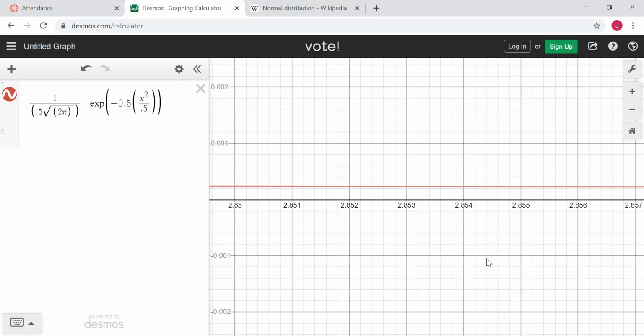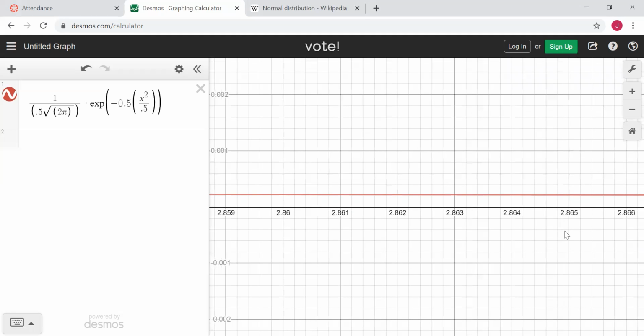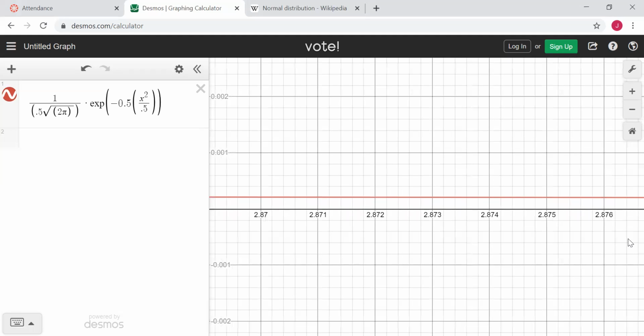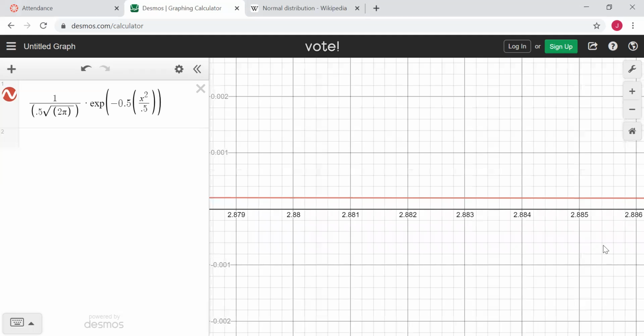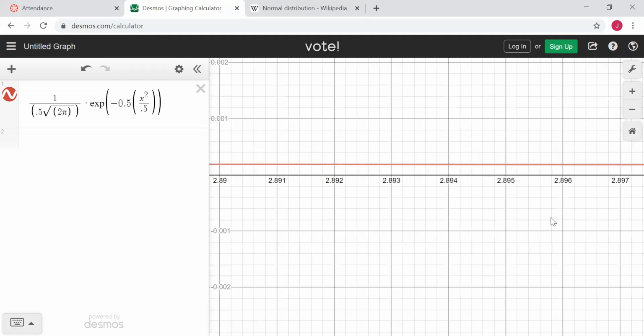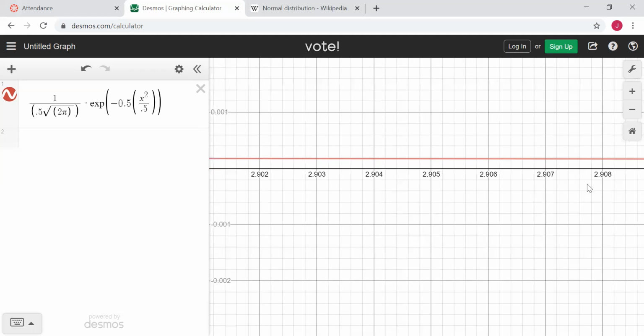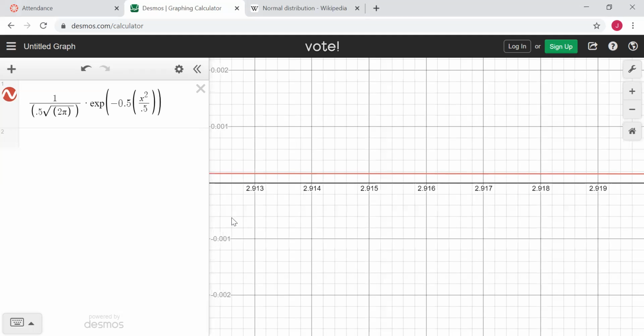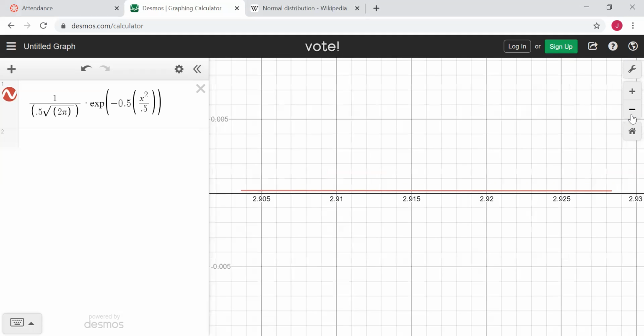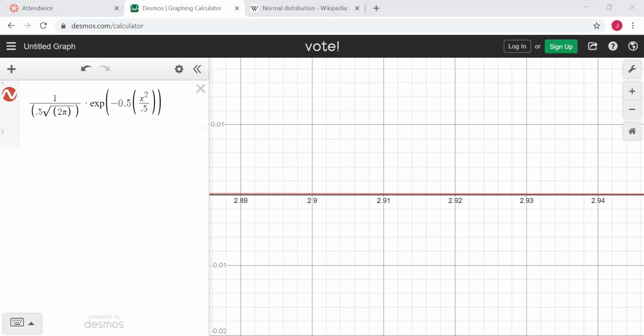But if you keep zooming in, no, it never actually does that. It keeps getting lower and lower and lower, but it's never going to touch that x-axis. So what we can say is that the x-axis is said to be a horizontal asymptote for it, which is pretty interesting if you ask me.